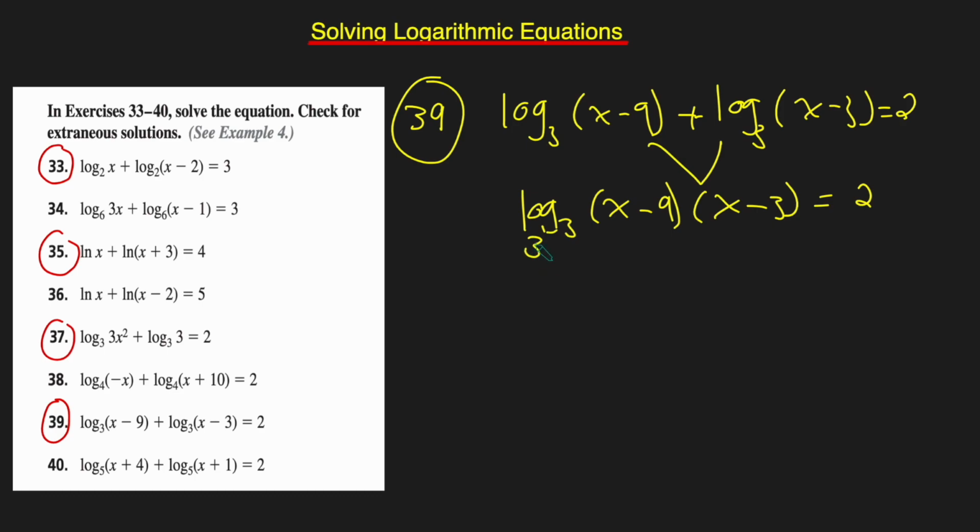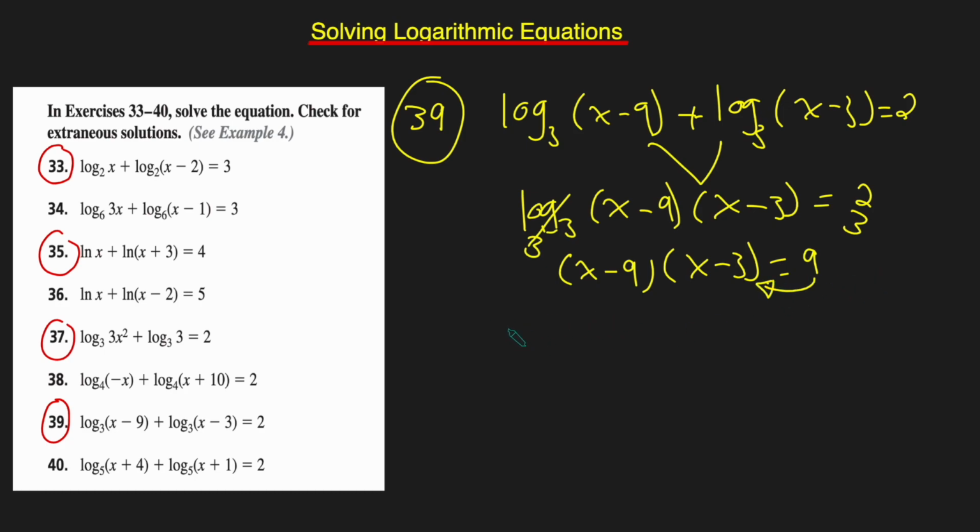I'm going to raise this to the base of 3, and so is this. This cancels out, and now I have x minus 9 times x minus 3 equal to 3 squared, which is 9. I'm going to open this up because I need to put this inside and make it equal to 0 to solve.